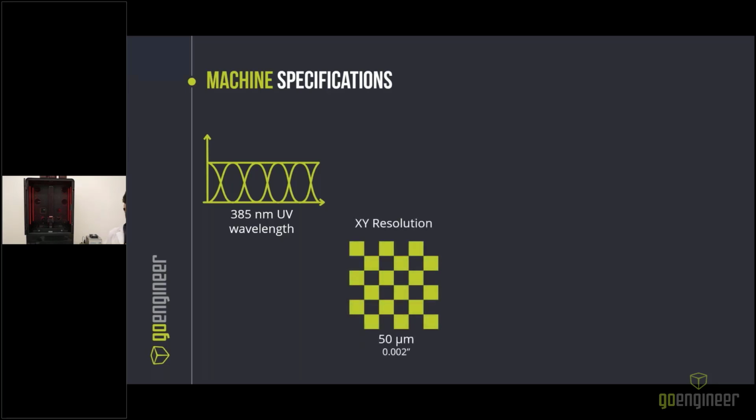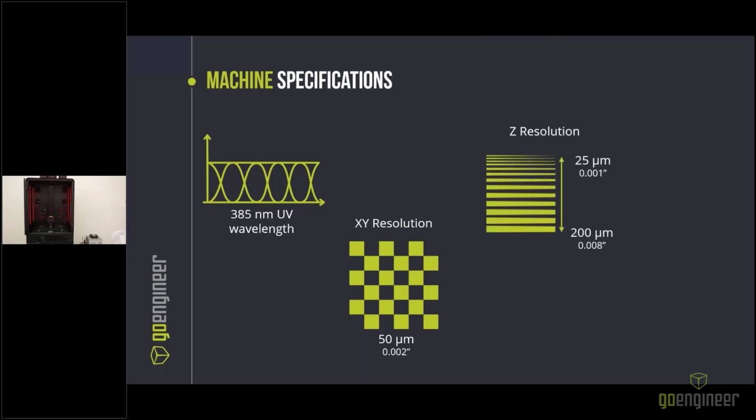That projector has an XY resolution of 50 microns, or 2,000th of an inch. The printable layer heights are between 25 to 200 microns, enabling extremely fine features and precise control over the accuracy of your models.